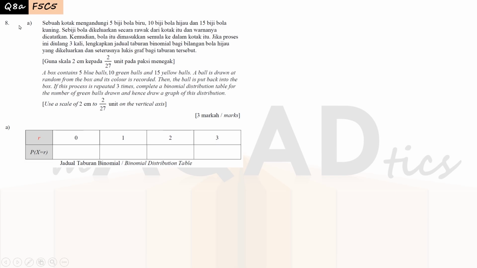Question 8 focuses on probability distributions, and here we have a box that contains these balls, right? So 5 blue ones, 10 green ones, and 15 yellow ones. Okay? So here there's an experiment, which is a ball will be drawn from the box and then put back into the box, and this process will repeat 3 times.